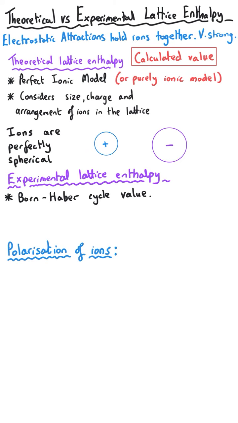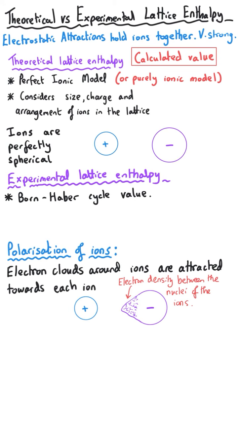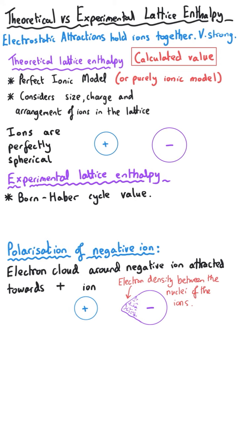In reality, what happens is the electron clouds around each of these ions get distorted or polarized by attraction from the other ions. Now, the good news is for A-level chemistry, they allow you to isolate this as an effect on the negative ion. And so we always talk about polarization of the negative ion by the positive ion.